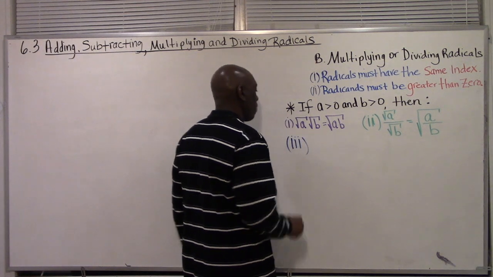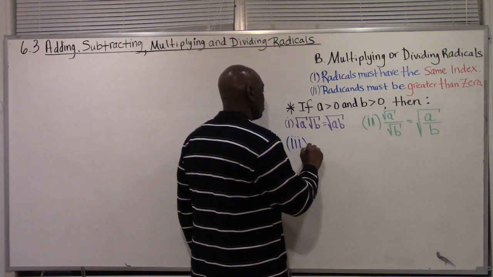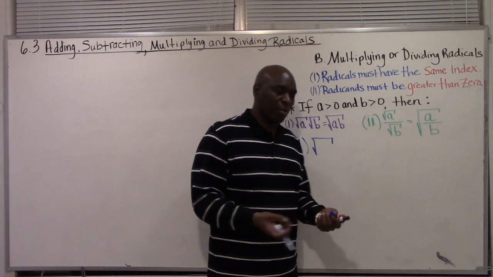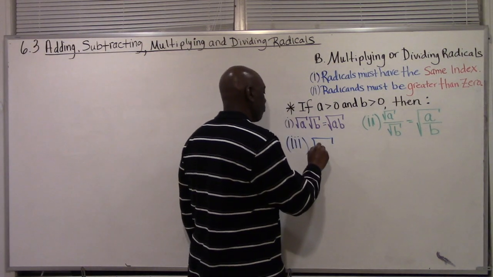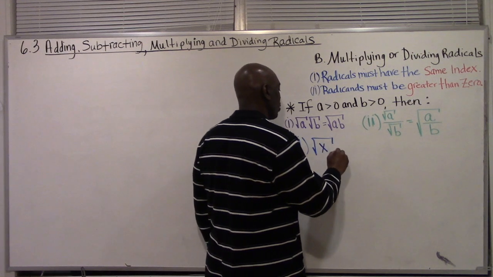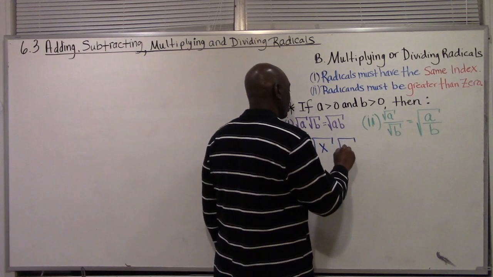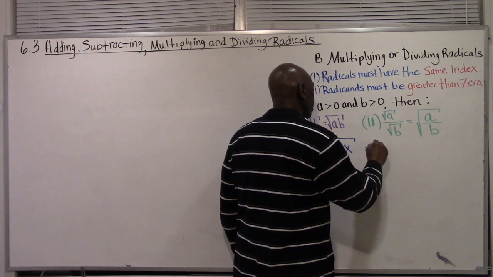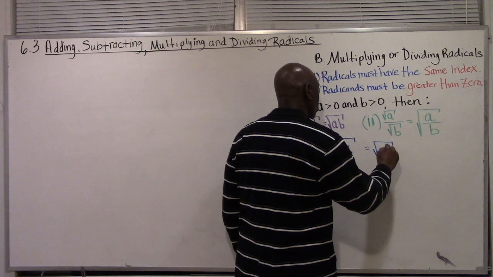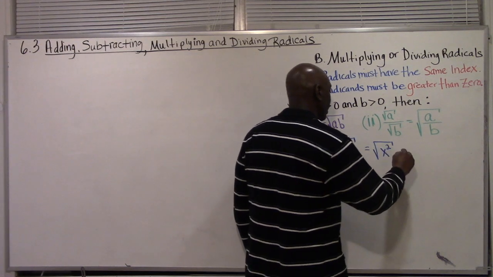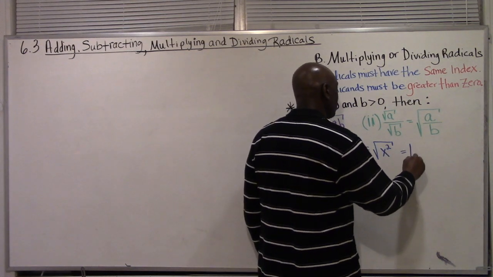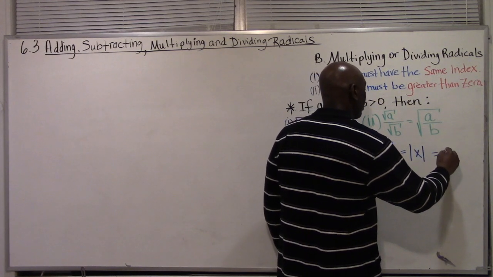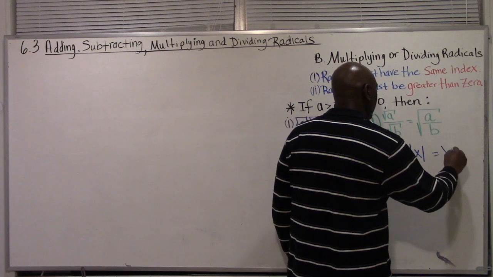This is important. The square root of a variable, I'm going to call it x, times the square root of x does equal the square root of x squared, which in essence equals the absolute value of x, which we're going to call the positive principal root x.